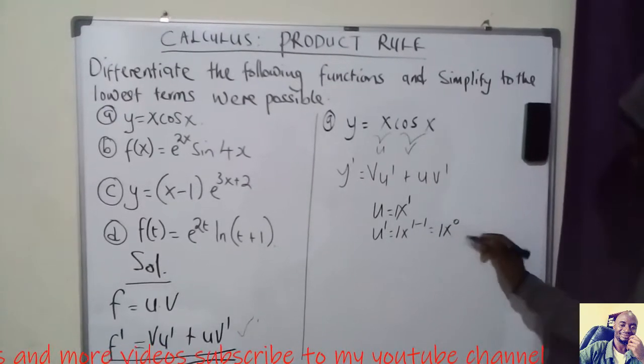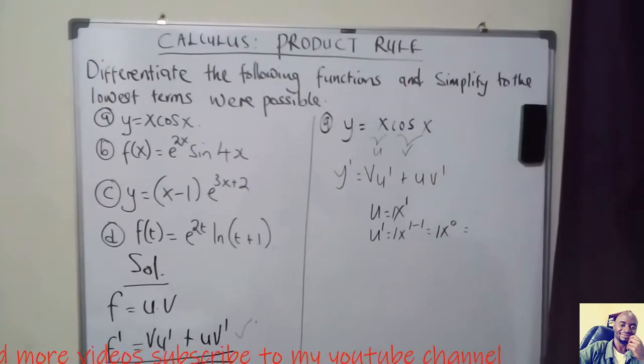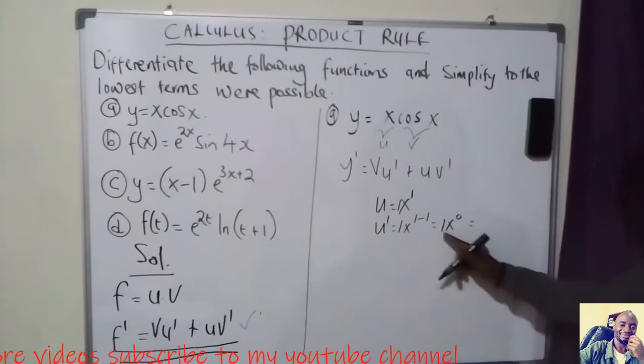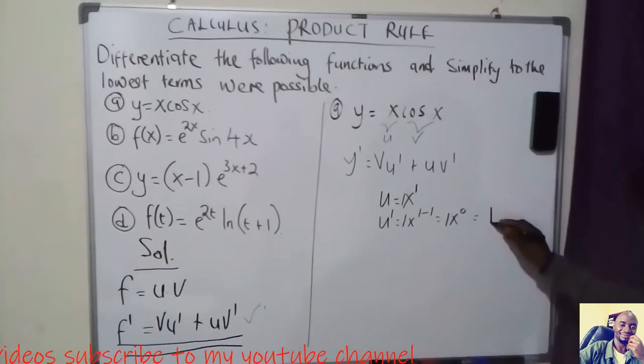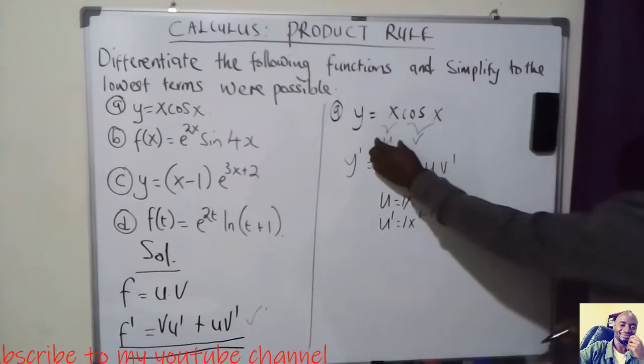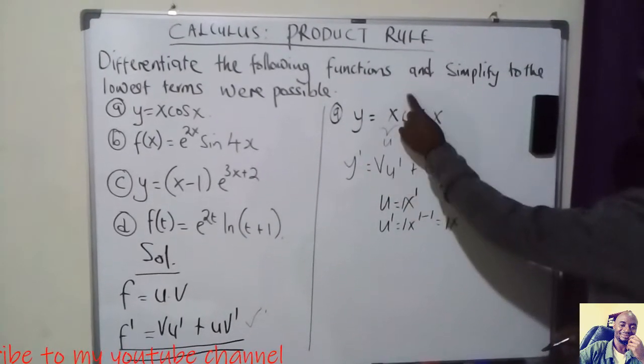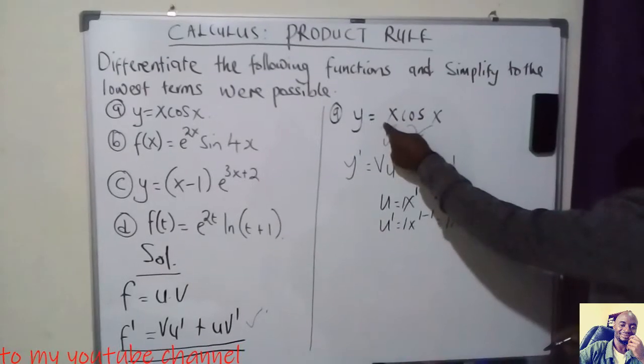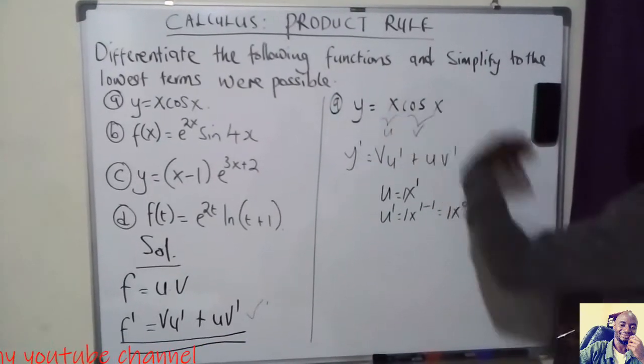Anything to the power 0 is equal to 1, so it will be 1 multiplied by 1, which is 1. That is the differentiation of x: you multiply the power with the coefficient, then reduce the power by 1.